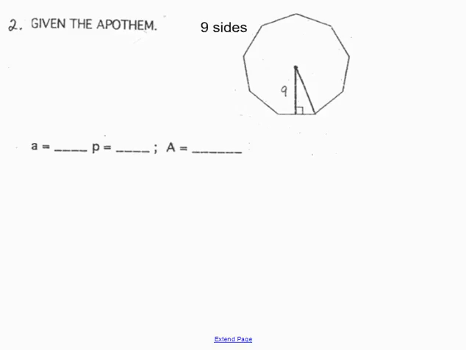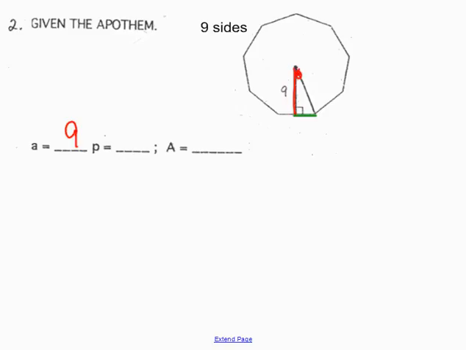Okay, so now at this time they gave us the apothem, but we don't have the length of the bottom side there. So we do have to use SOHCAHTOA, but we have to figure out the angle measure right up here.